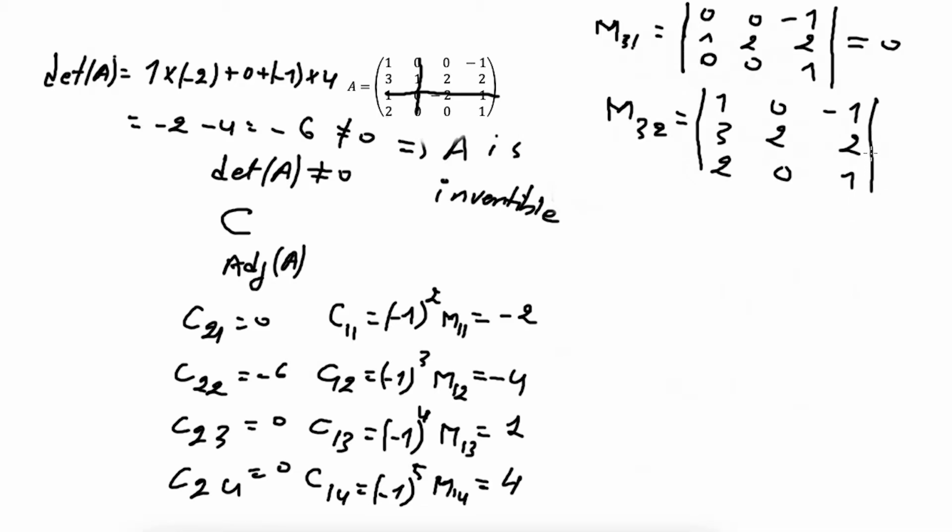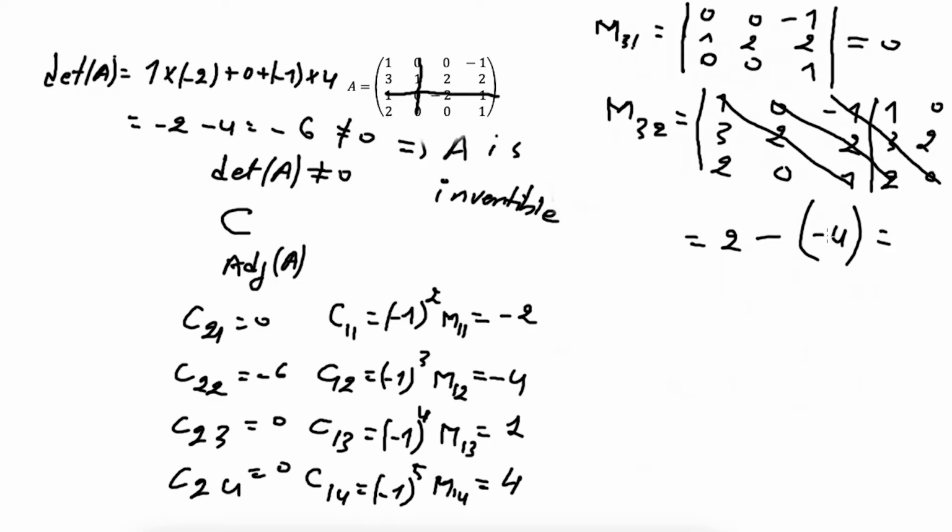So we'll take this element here with these ones, so it will be equals 2, here 0, and here 0, so there are zeros, minus, here minus 1 times 2 times 2 is minus 4, and here 1 times 2 is 0, and here also is 0, so these are 0, and here will be minus minus 4, so minus times minus 4 is plus 4, it will be 2 plus 4 is 6.